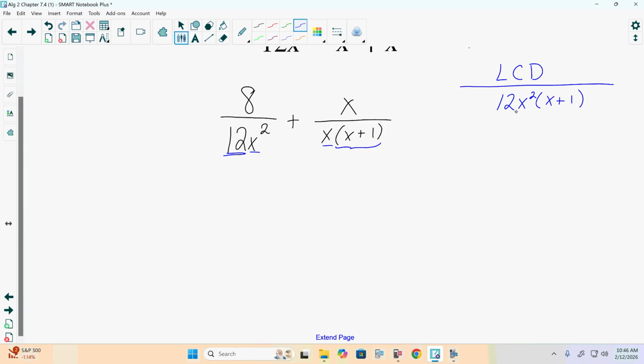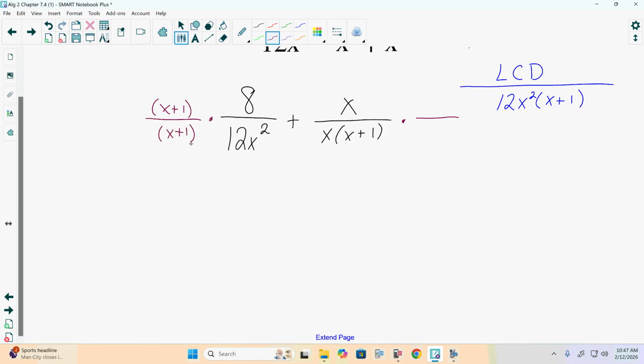So now that we have this least common denominator, we know what we need both of them to be. We can multiply on top and bottom each of these expressions by something to get them to be that least common denominator, to get them to be the same. Now we can start with the one on the left because it has the 12x squared already. So what is it missing? It's missing the x plus 1.